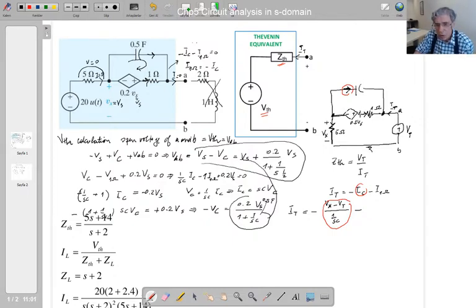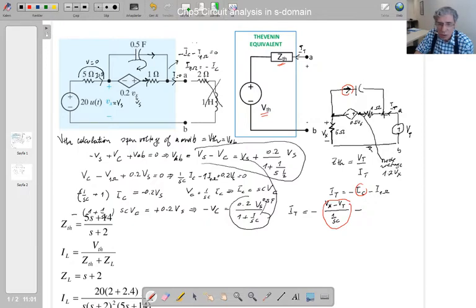So this node voltage is equal to what? That is the voltage, 0.2 Vx. That is Vx. So between this node and this node, this voltage is Vx, 0.2 Vx. That means 1.2 Vx, isn't it? So this is this node voltage. Node voltage 1.2 Vx.